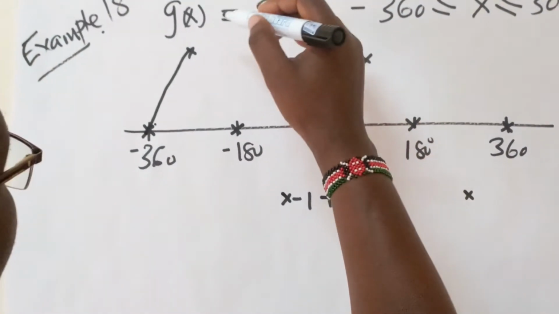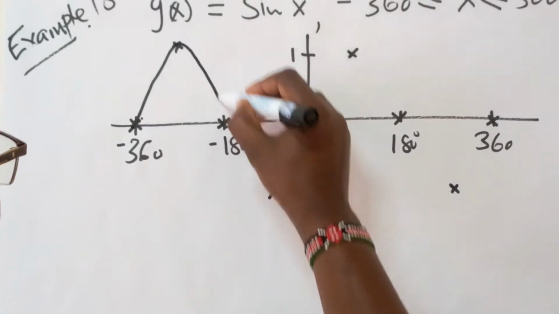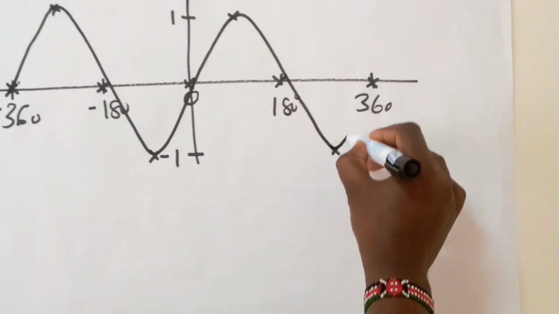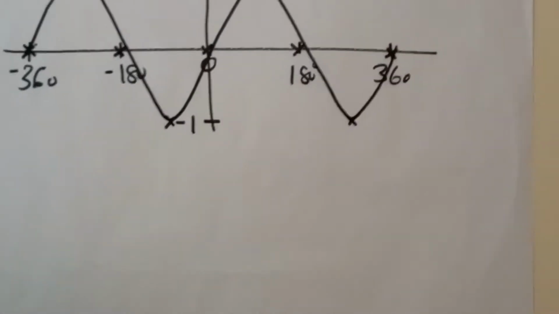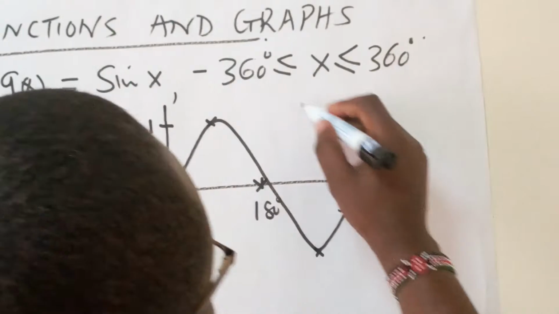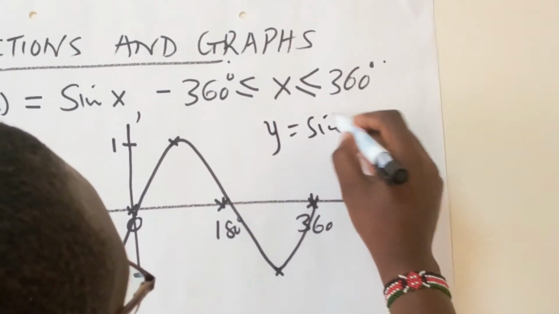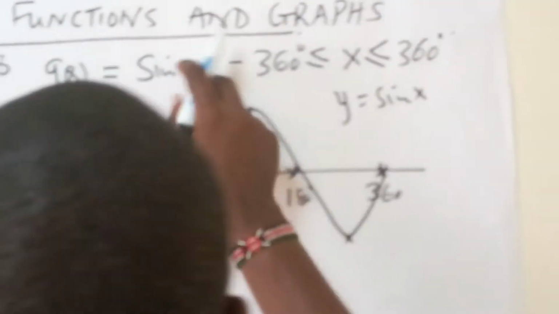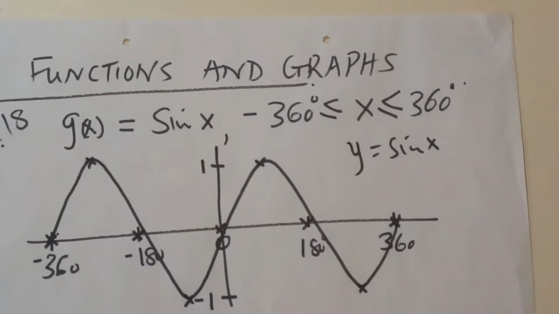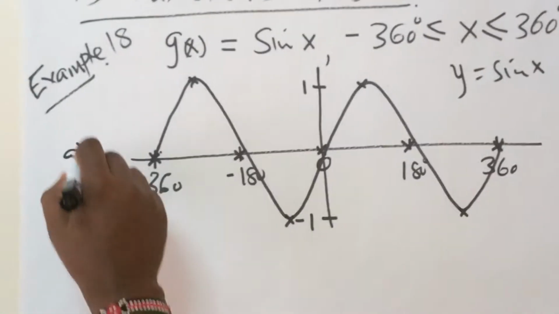We have done this before, so we don't think we need to do it again. We just have to remember what we know. And that is the graph of y equals sine x, or rather the function of x. Having done that, this is part A.